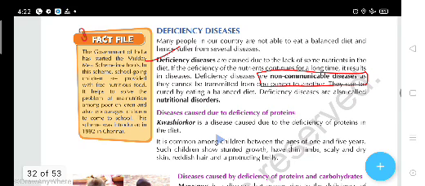And if you have suffered from it, it can be cured by eating a balanced diet. If a child has suffered from a deficiency disease, it can be cured by a balanced diet. So deficiency diseases are called nutritional disorders because there is a scarcity of nutrition.